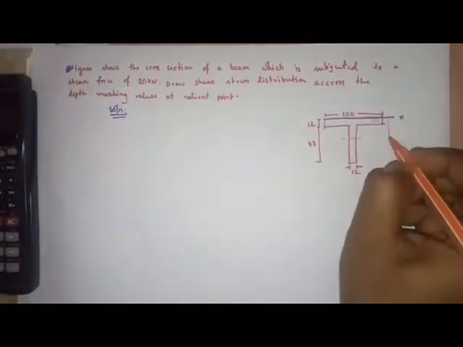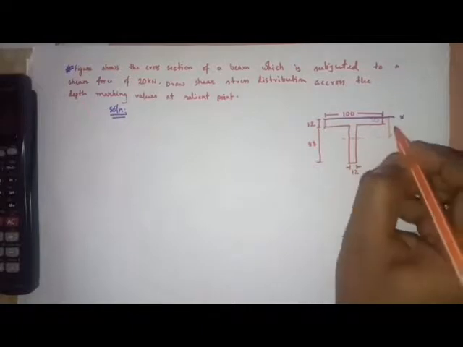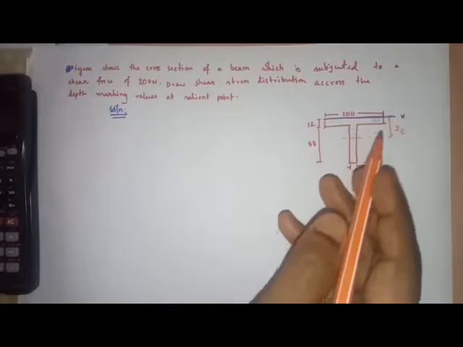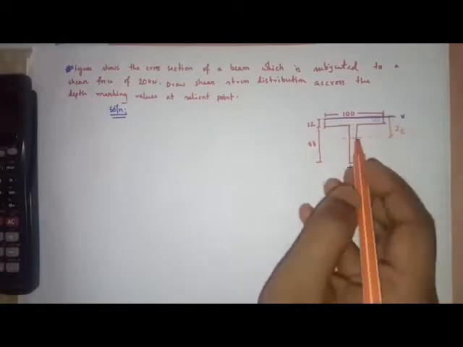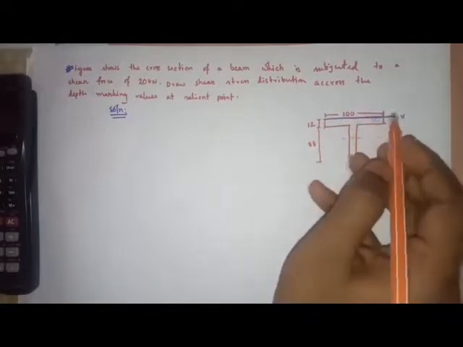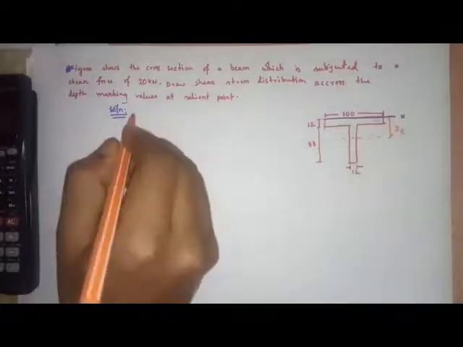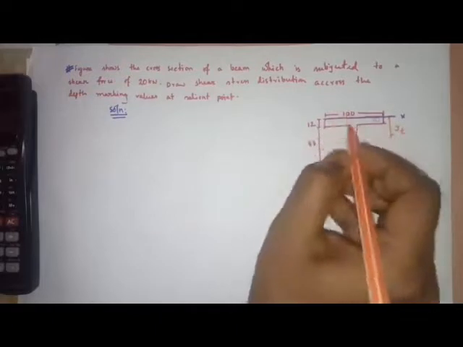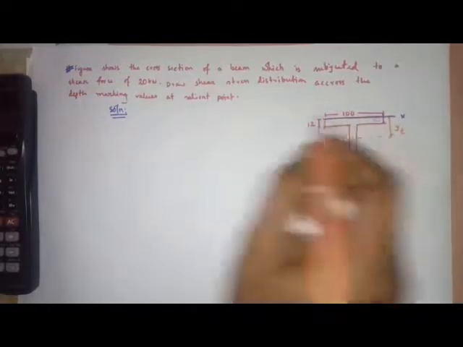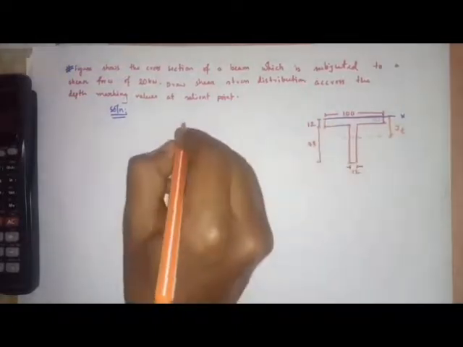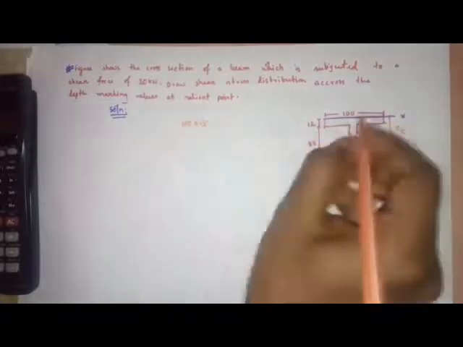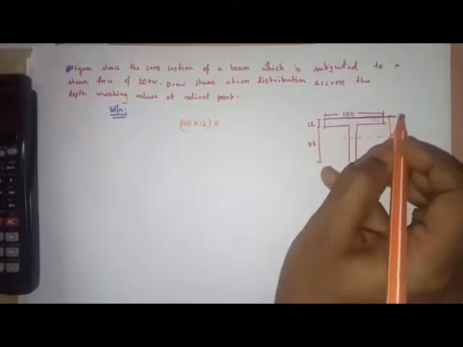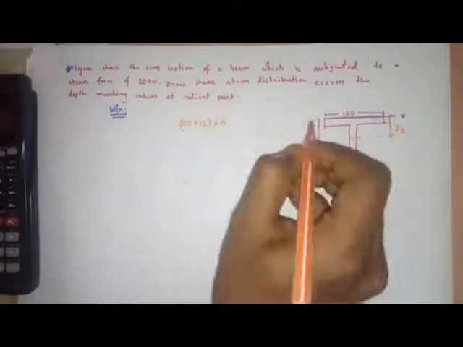So this distance I will take as yt, and this will be the distance of the centroid from this base, that means x. So here's the calculation, and there are two parts, this part and this part. The area of this is 100 into 12, and its centroid from the base x will be 6 mm.